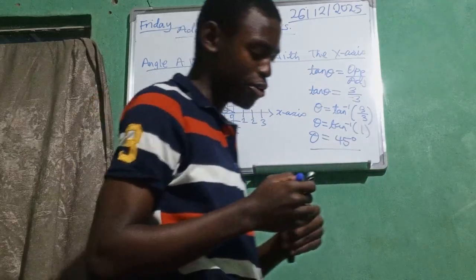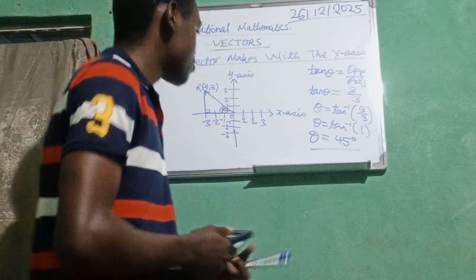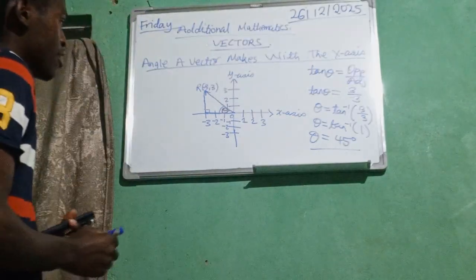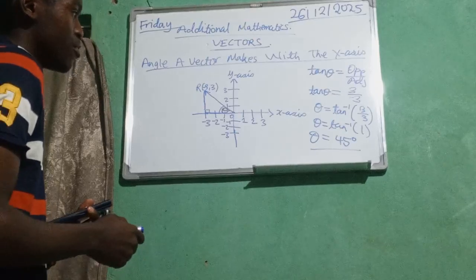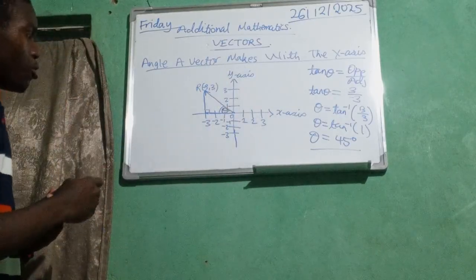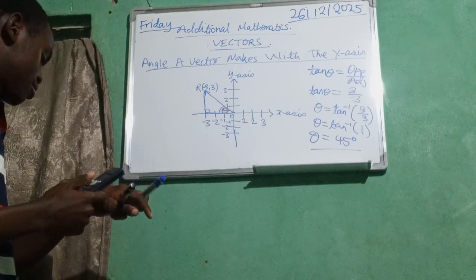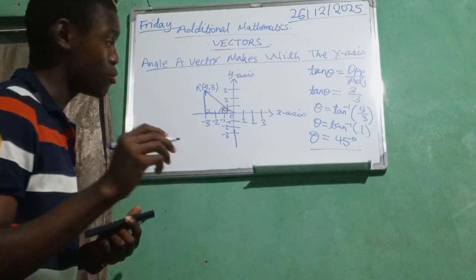It's a special angle because tan 45 is 1. And after finding theta as 45 degrees, this is the angle in the first quadrant, we'll go on now to find the theta that they are looking for.